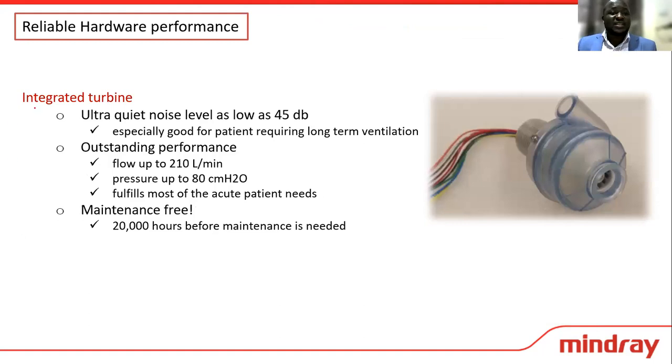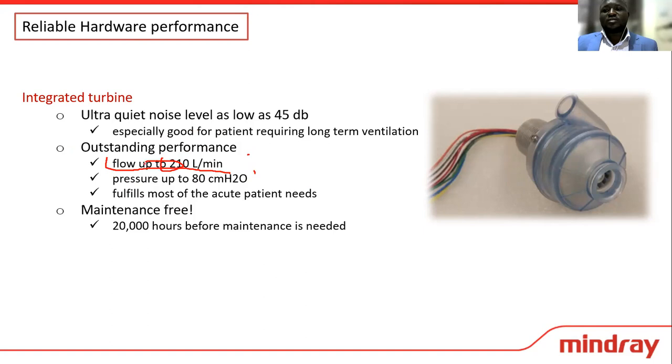In terms of reliability and performance of the ventilator, I had said earlier in my presentation that it is a turbine-based ventilator that has an outstanding performance. We are able to provide a flow of up to 200 liters per minute, pressure of up to 80 centimeters of water. What does this mean? It means that it fulfills most of the acute patient's needs that you'd want to have, especially when you're giving probably high flow oxygen therapy.